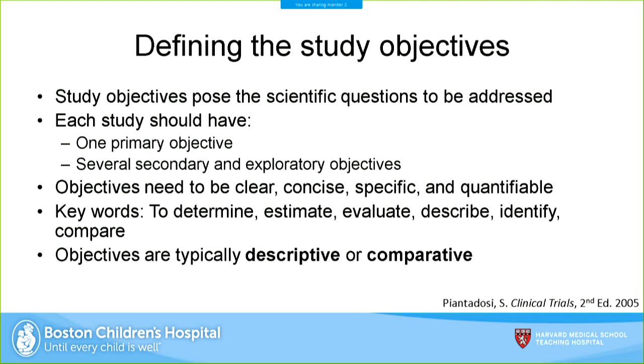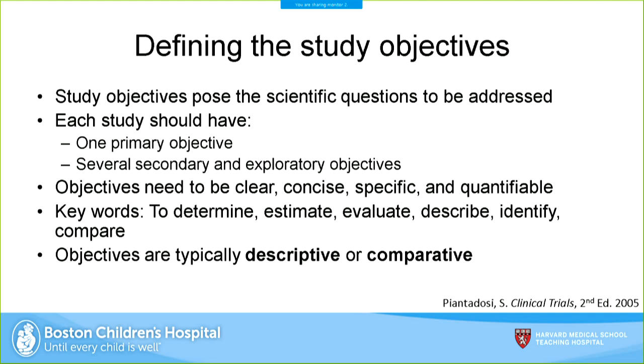When you're trying to write the objectives, you may consider some keywords: to determine, to estimate, evaluate, describe, identify, or compare. And there are other words you may want to use. But generally, a study aim or objective would begin with a statement to determine X, to estimate something.